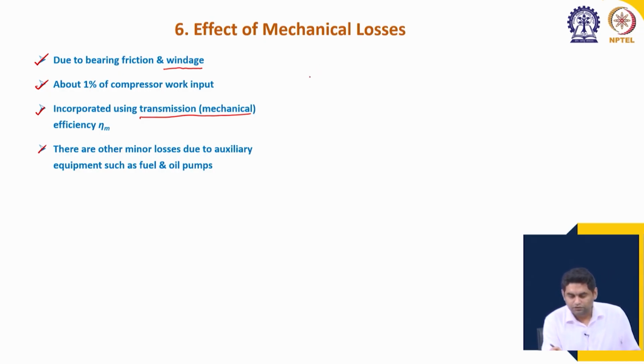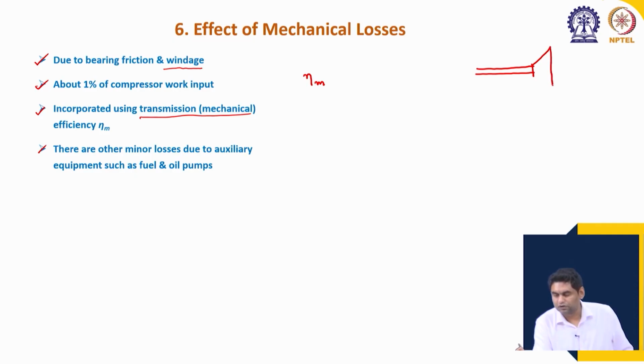Let us draw a schematic of a turbine and a compressor connected together. This is a turbine and this is a compressor mounted on the same shaft. Of course, they need to be supported by bearings. This is the compressor, this is the turbine.